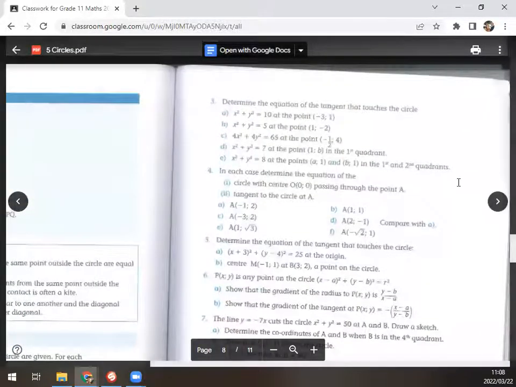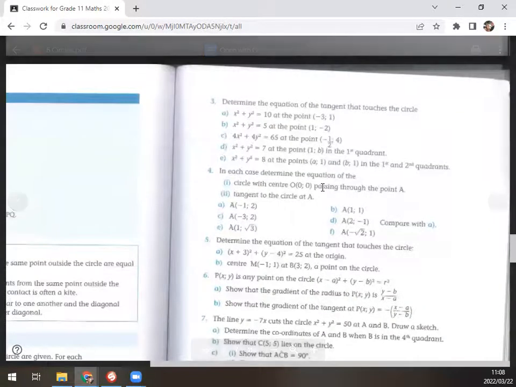I want you to do 3A to C. All right, that's down now. Exercise 10.4, page 262.